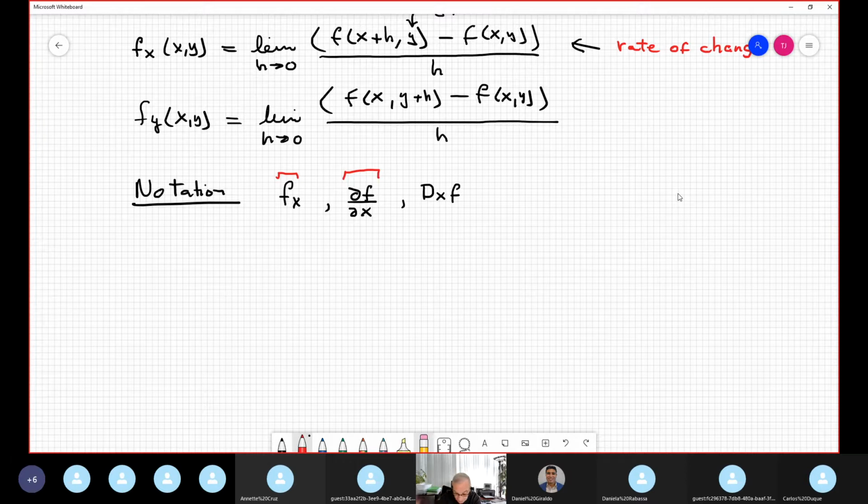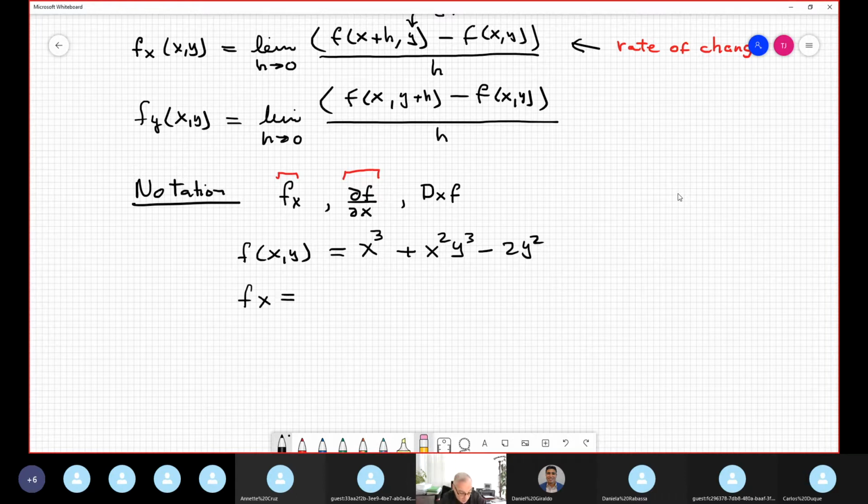It's very similar to calculus, but the consideration is this: for example, you have that function, an easy polynomial, plus 2x squared y cubed minus 2y squared. I want to compute the partial derivative with respect to x. What is the idea? Well, the idea is that you consider that x is a variable, and y not. You treat y like a number, like a constant.